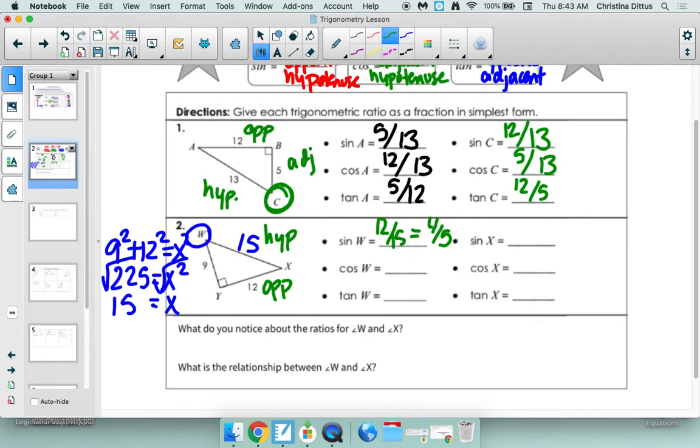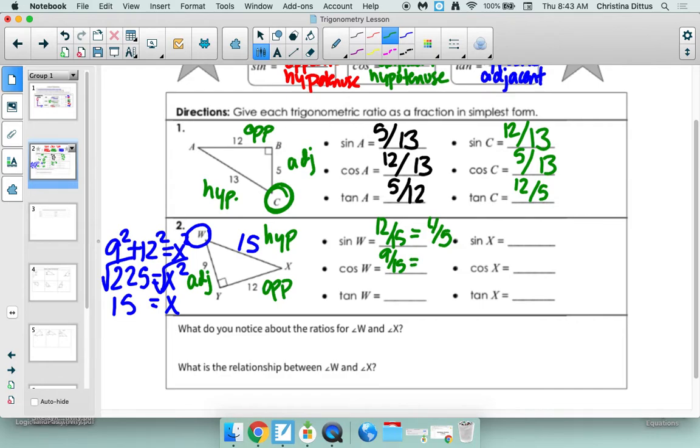The cosine is what over what? In words. Adjacent over hypotenuse. Which one's adjacent? The 9. So I'm going to take numbers what over what? 9 over 15. Can I reduce that fraction?